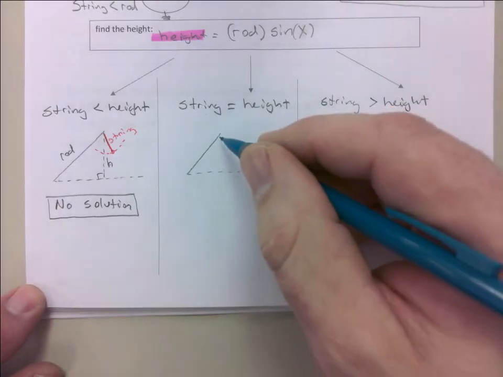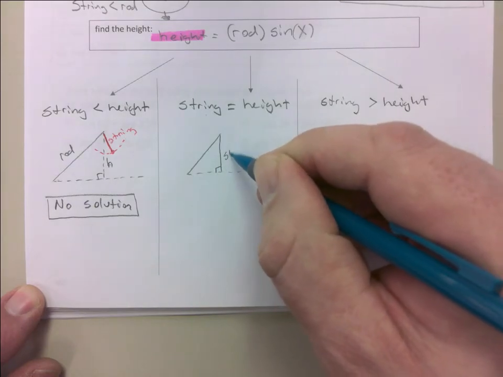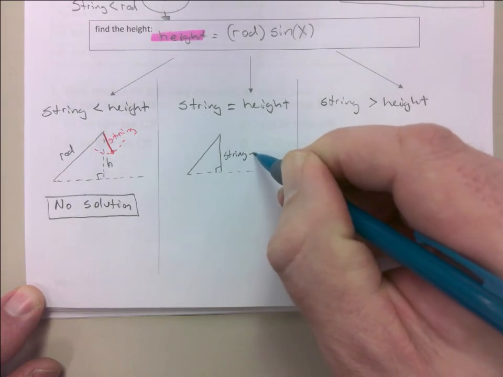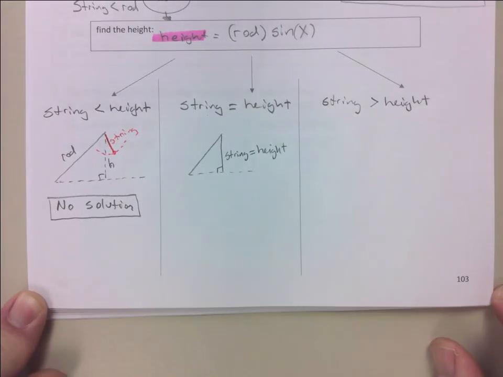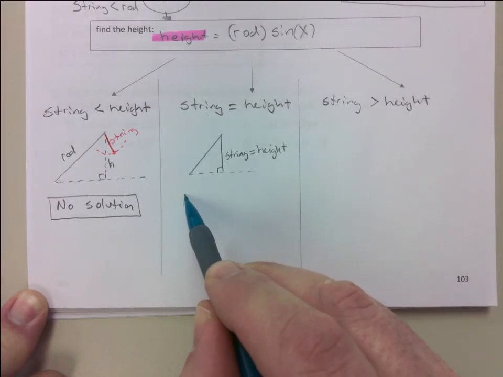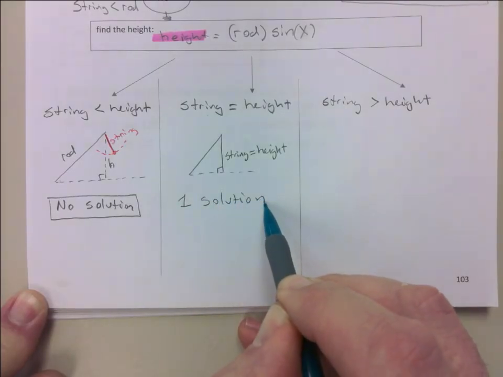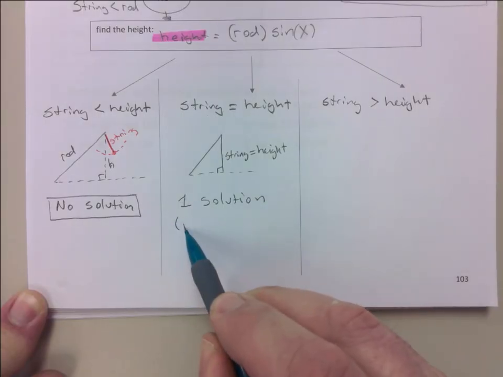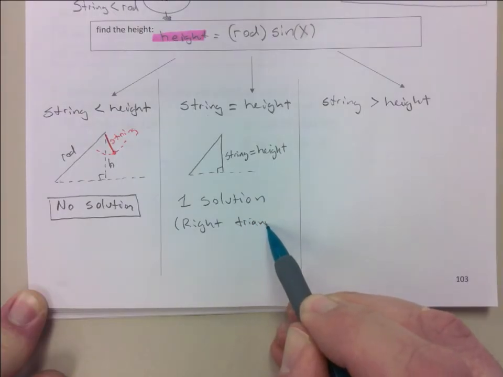This is where the string is equal to the height. We've got one solution. This is actually a right triangle, to be specific.